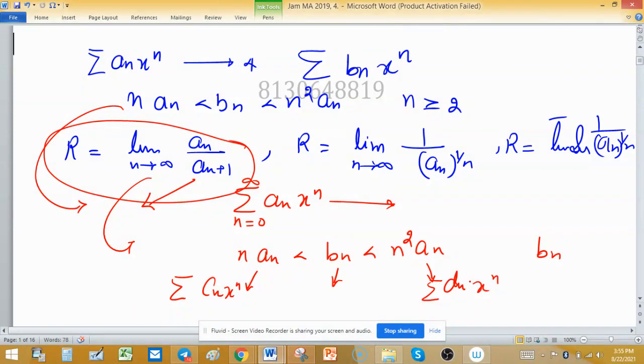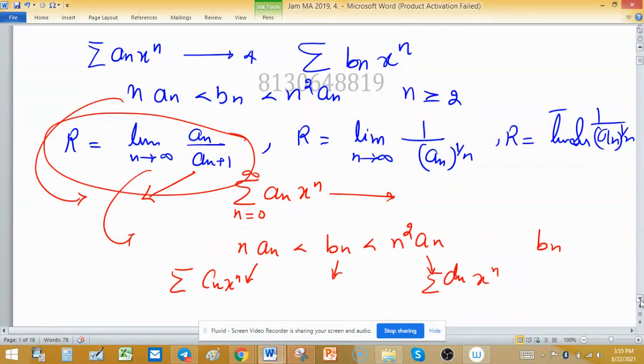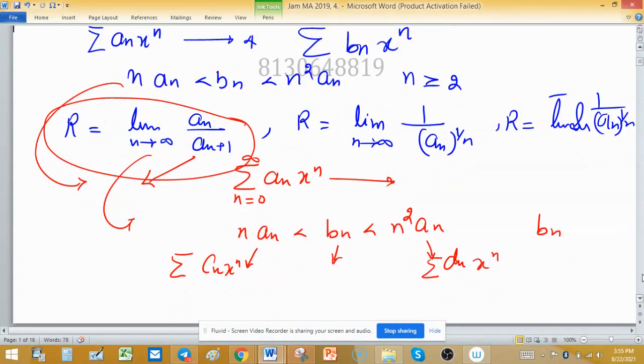If we can find the radius of convergence of these exterior ones, either left hand side or right hand side, then we can say something about the series which is in the middle, or interim series.